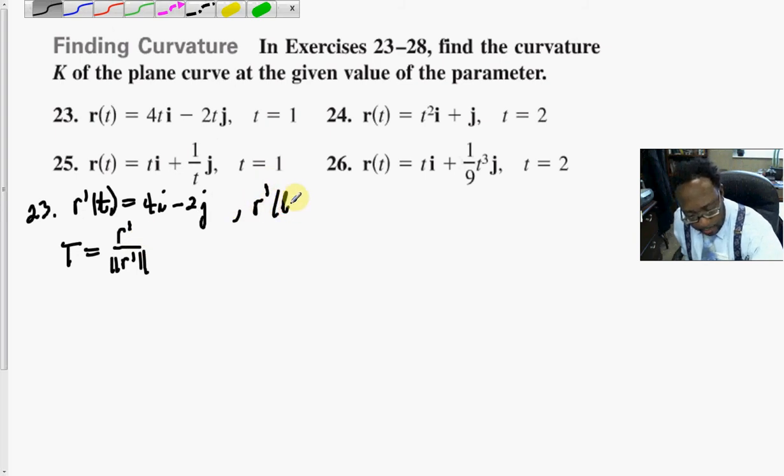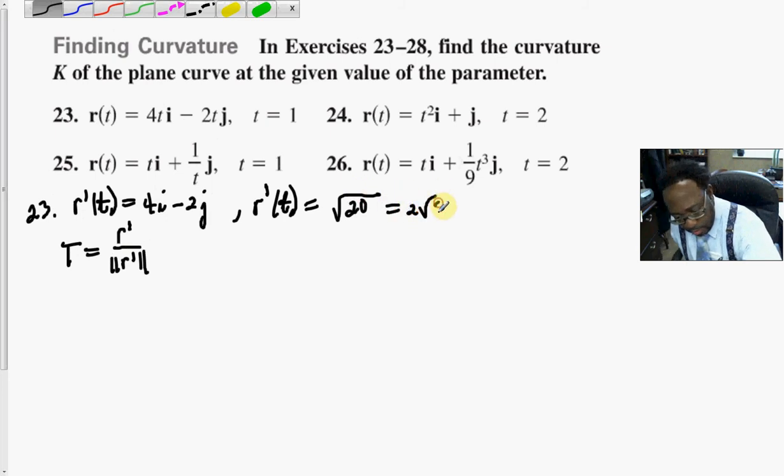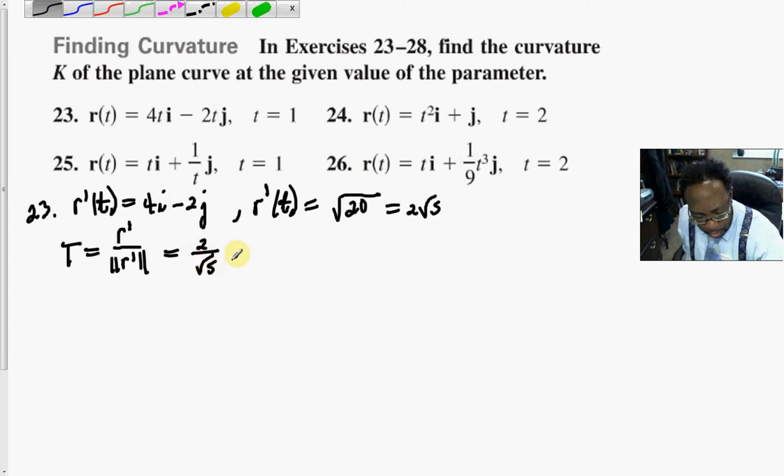Now r prime of t is equal to the square root of 4 squared, which is 16, plus 2 squared, 4, so we get 20, or 2 times the square root of 5. So the tangent vector is 4 divided by 2 square root of 5, so this is 2 over the square root of 5 i, minus 2 divided by 2 square root of 5, this is 1 over the square root of 5 j.